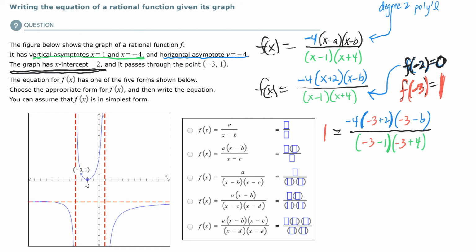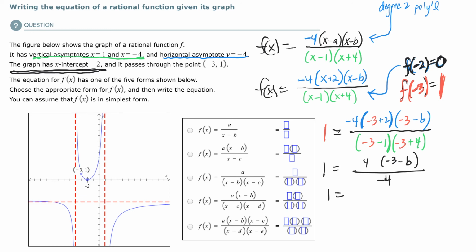All right, that's not bad at all. Let's rewrite this. 1 is equal to negative 4 times negative 1, which is positive 4, times negative 3 minus b. And in our denominator we got negative 4 times 1, so that's negative 4. Oh, that's cute, we got some factors reducing.